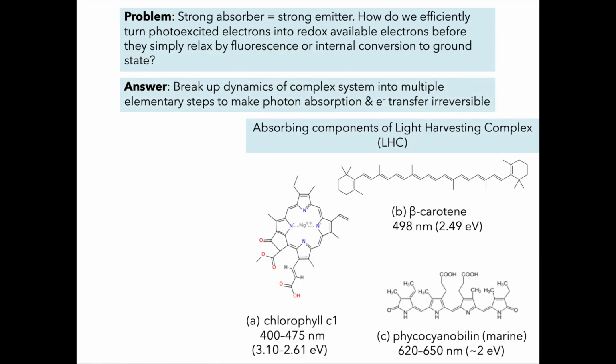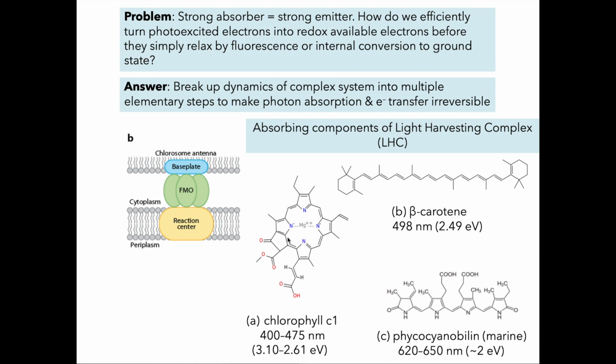And the answer is that we're going to use a complex system, and we're going to break up the dynamics of this complex system into multiple elementary steps to make photon absorption well separated from photon re-emission. And also we're going to have multiple steps that lead to electron transfer and make it irreversible electron transfer.